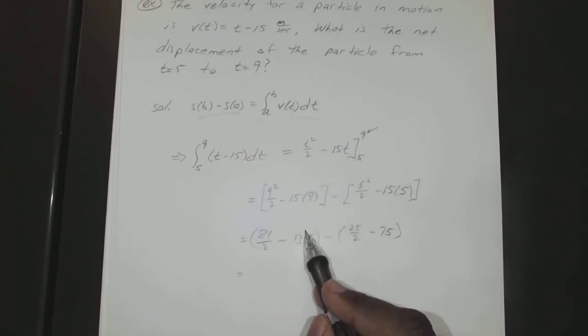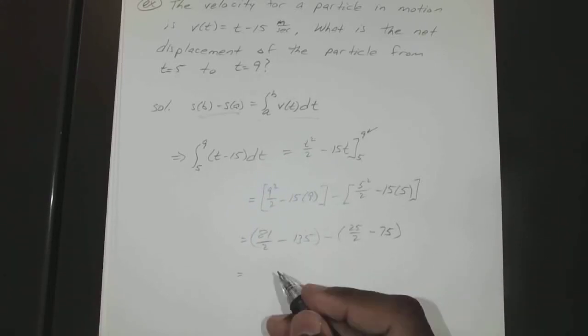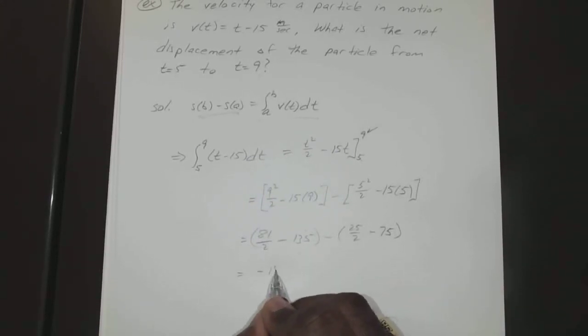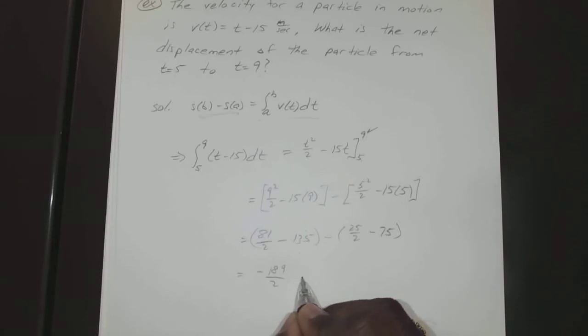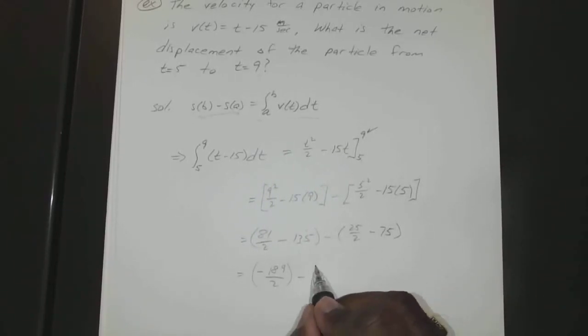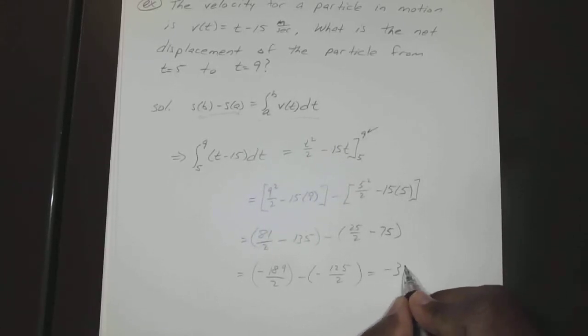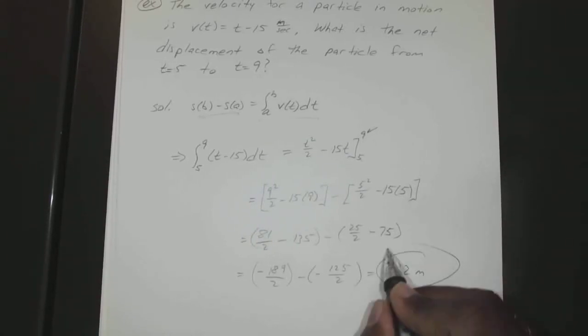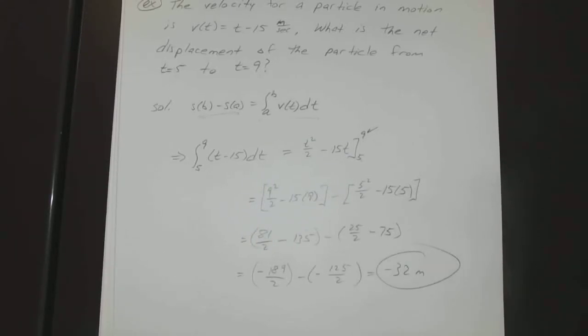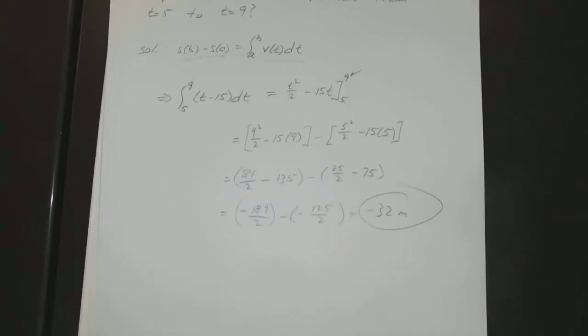And once you make that 135 over 1, make it 2 over 2, you get negative 189 over 2 minus negative 125 over 2, which gives you negative 32 meters. Okay. So it traveled negative 32 meters from t equals 5 seconds to 9 seconds.